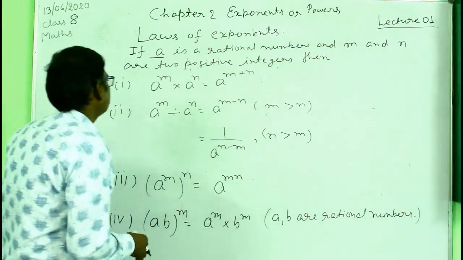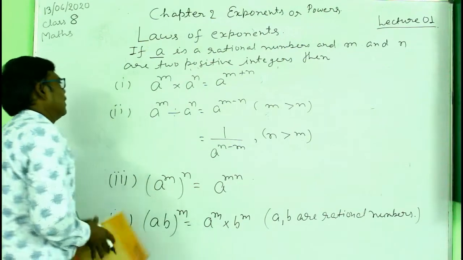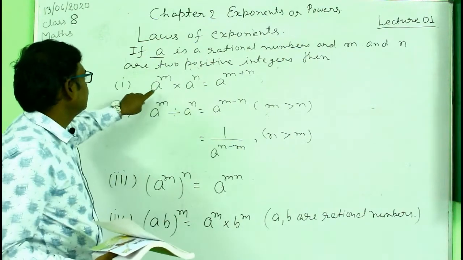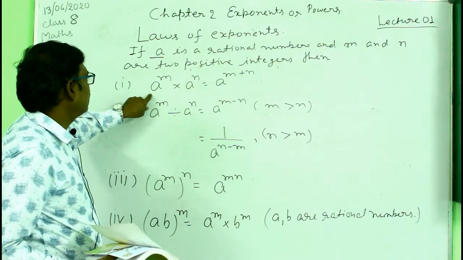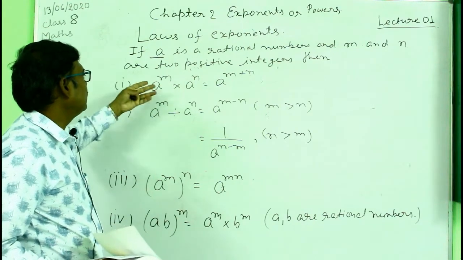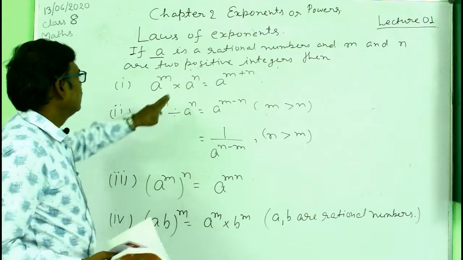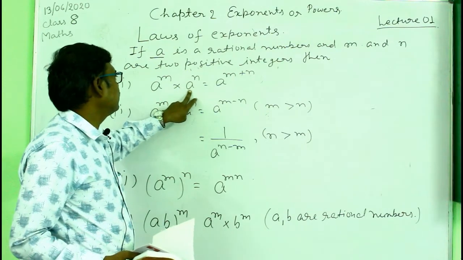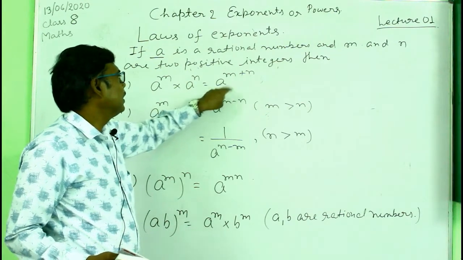The first formula is a raised to the power m into a raised to the power n is equal to a to the power m plus n.